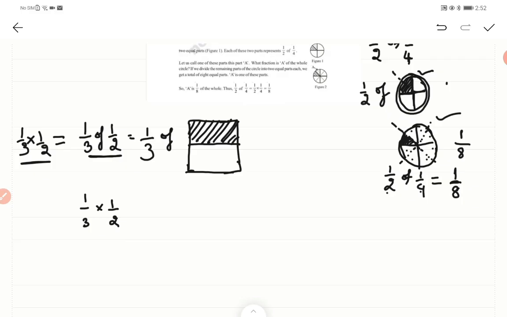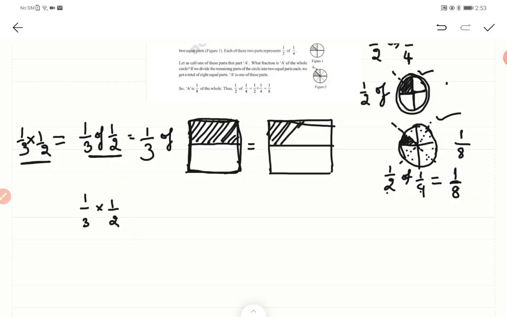Now 1 by 3 of this one, how will you draw this? From this figure you are again dividing it into 3 parts now. So I will draw it like this. Take the first part as it is, that is for 1 by 2.